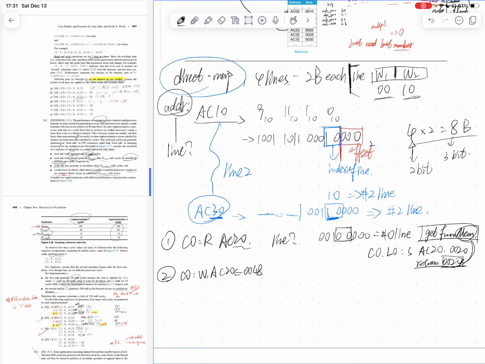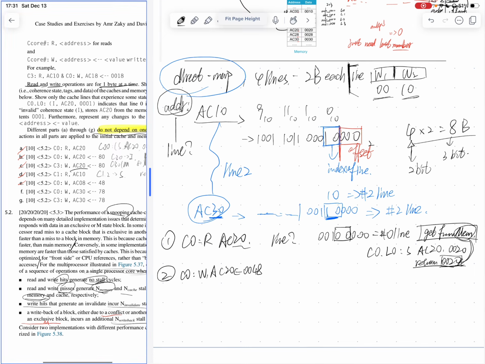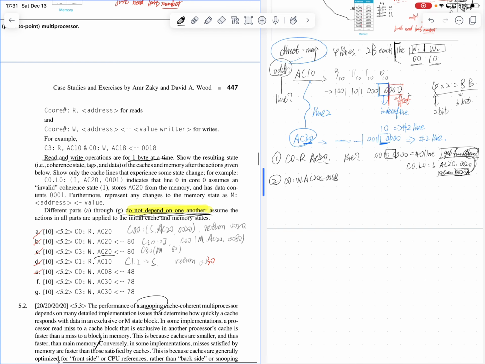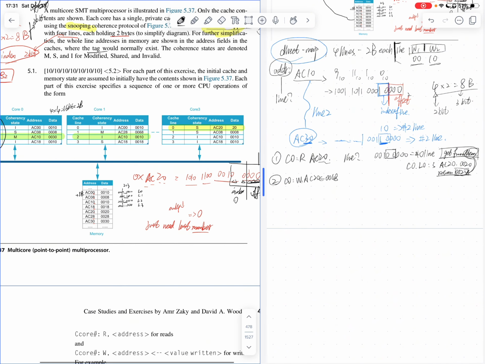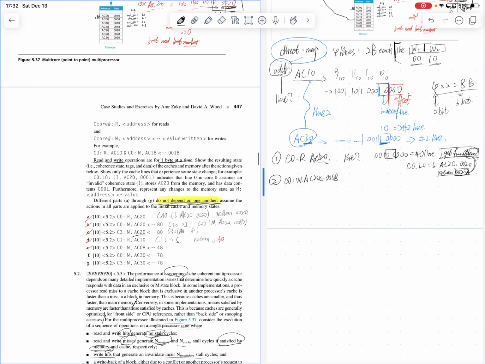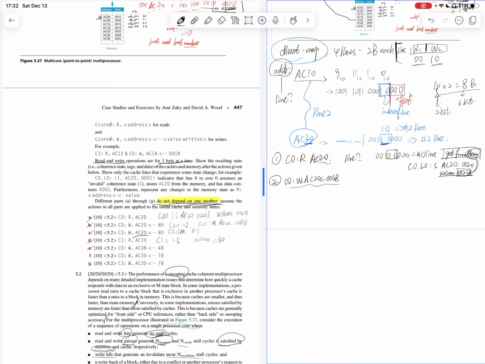Okay, so as you know, we are saying here, do not depend on one another. So after every part of the question, you will initialize the whole state again, right? So see, part B does not depend on part A, okay? So again, we do not have AC20.